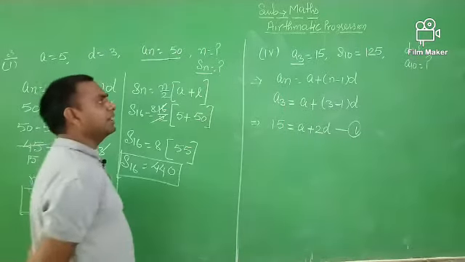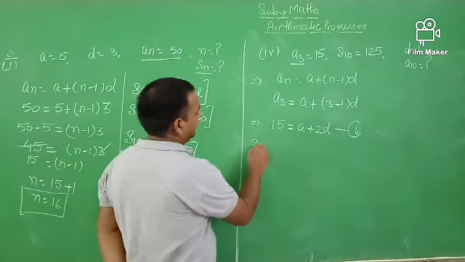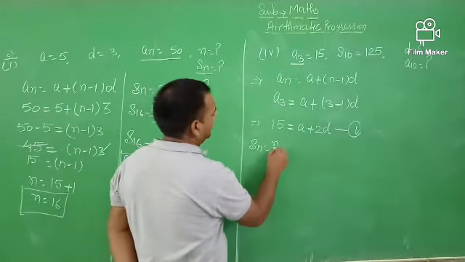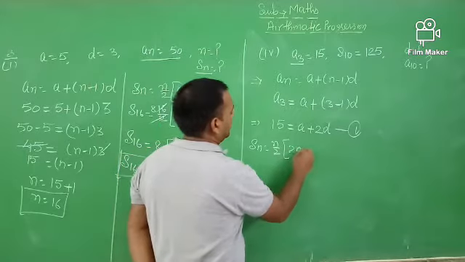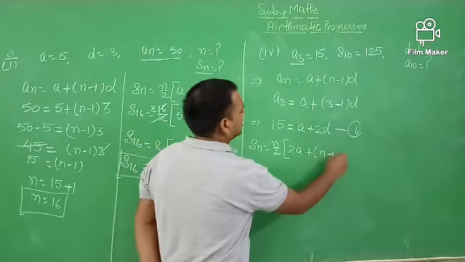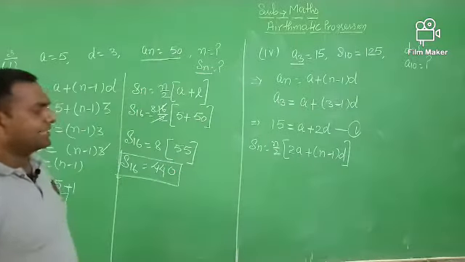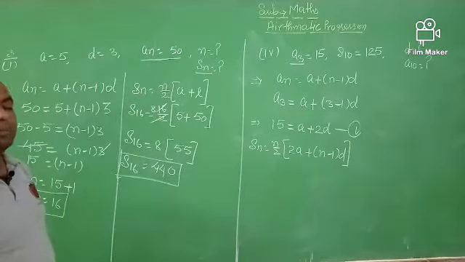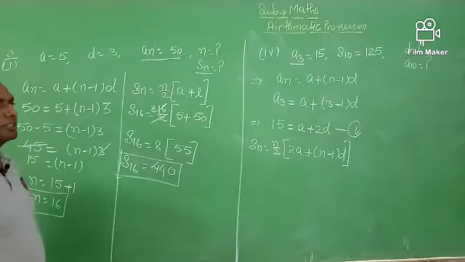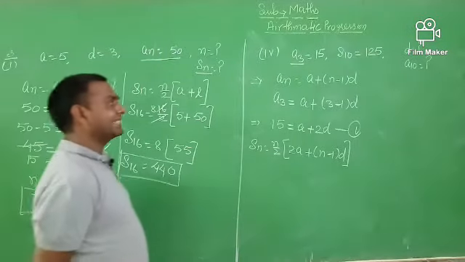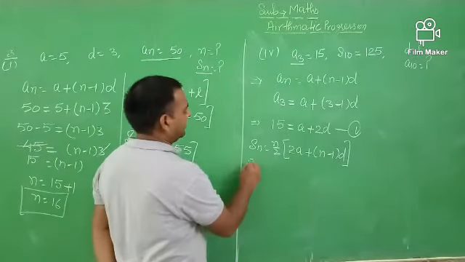After that you apply the formula Sn. Sn is equal to n by 2 bracket 2a plus n minus 1 into d. If you apply the formula, here the value of Sn, it means S10.